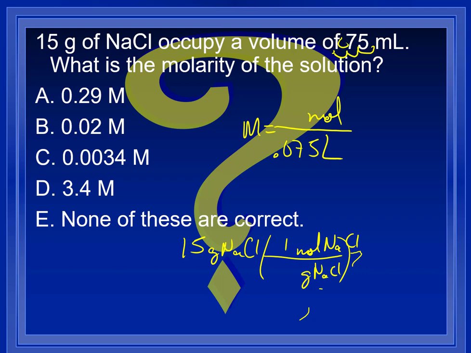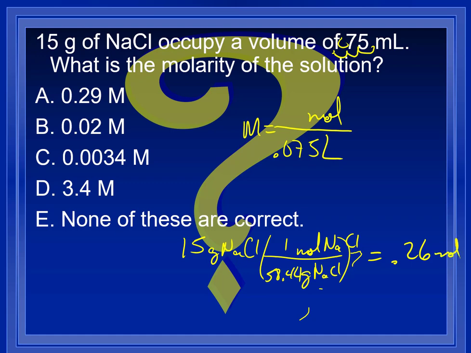NaCl is 58.44 grams, 35.45 and 23 minus 0.01. That's the fast way to do it. 15 divided by 58.44 equals 0.26 moles.